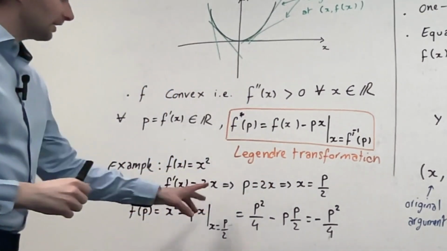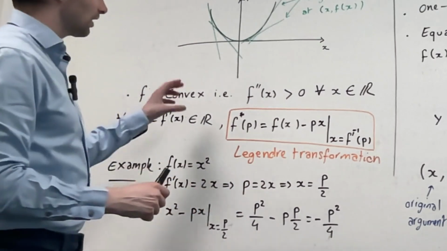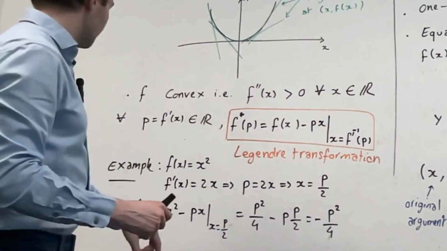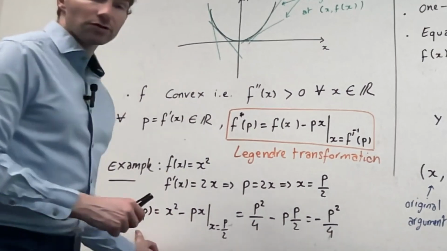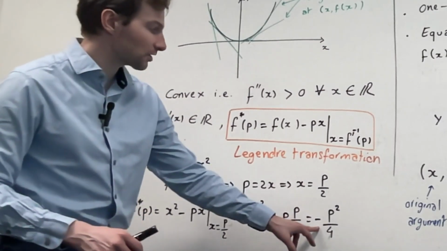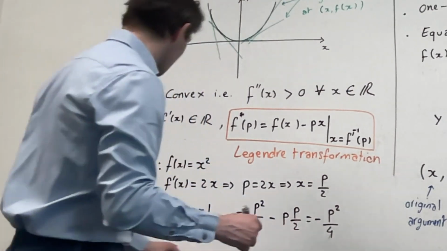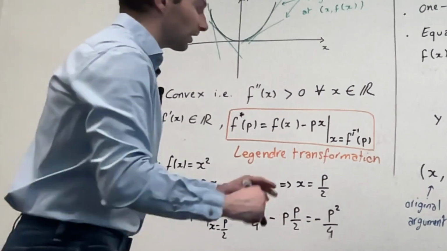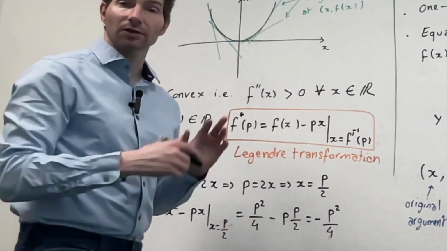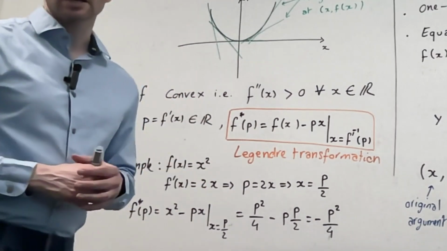Now, interestingly, in this particular example, what that means is that if you have a particular convex function, then the Legendre transformation is going to be concave. Here you see it's minus p squared over 4. And basically we're done. So that's calculated, and the function is going to be concave. That's one of the properties of it.